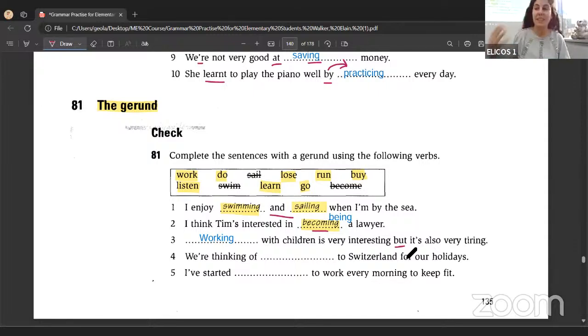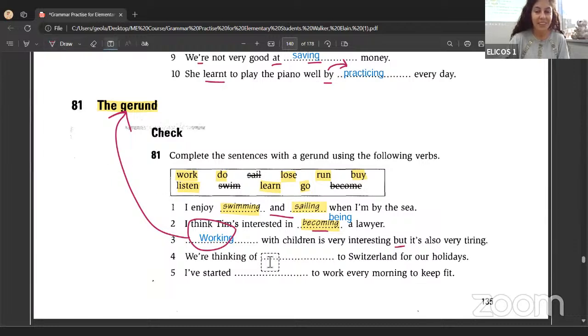And yes, if you remember the last lessons, we can actually start our sentence with the ing, with the gerund. Because we're using it as our topic, as our noun, like the start of our sentence. So working with children, this action is very interesting, but it's very tiring.